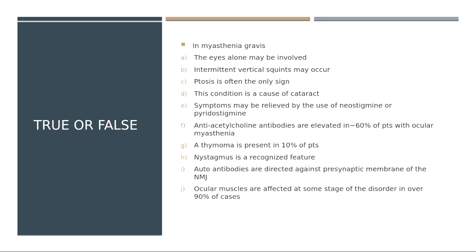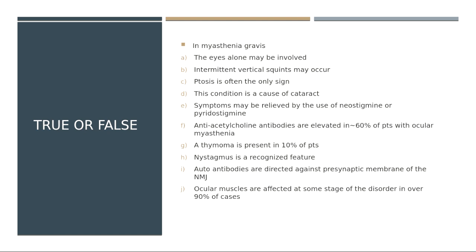That is true. The condition is a cause of cataract. Is that true? Ocular myasthenia. That's false. Symptoms may be relieved by the use of neostigmine or pyridostigmine. You know that is true.